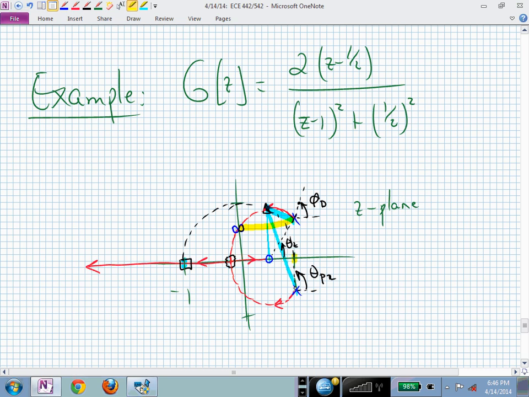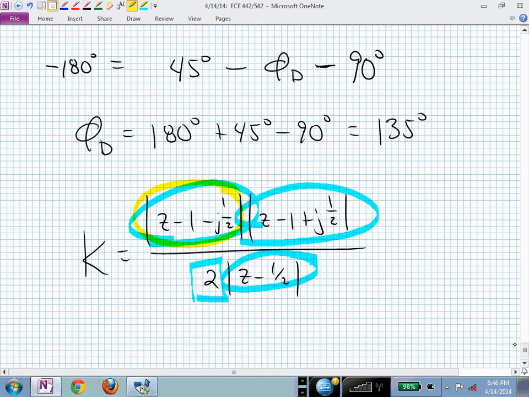You would measure from here to there, and from the zero there, and don't forget your 2. But you have those 3 distances and the 2, and that's going to give you your K to get you to the dog bone. If your root locus is drawn accurately, you can find the gain K pretty easily, graphically.